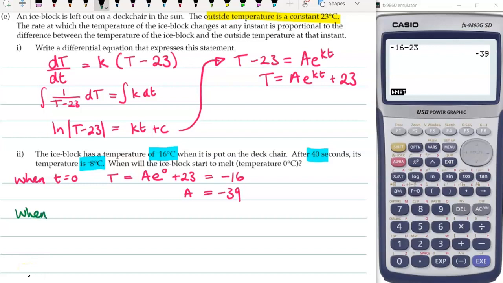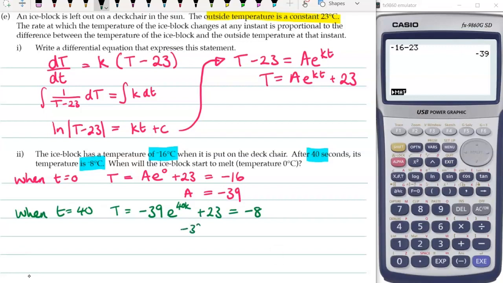Okay, next, when t is 40, our temperature, which is a e to the kt, where a we've just worked out is minus 39, e to the k times 40, so that'll be 40k, plus 23 is going to be equal to minus 8.